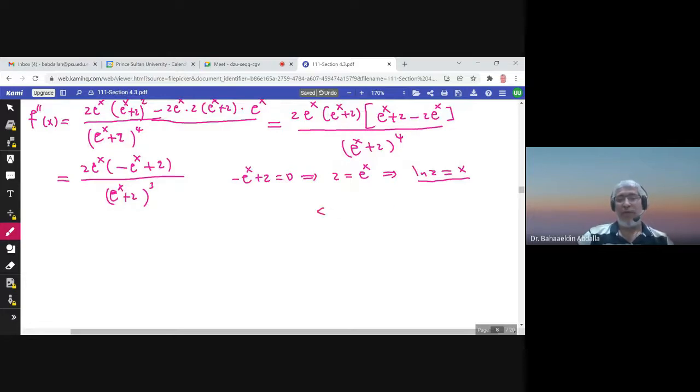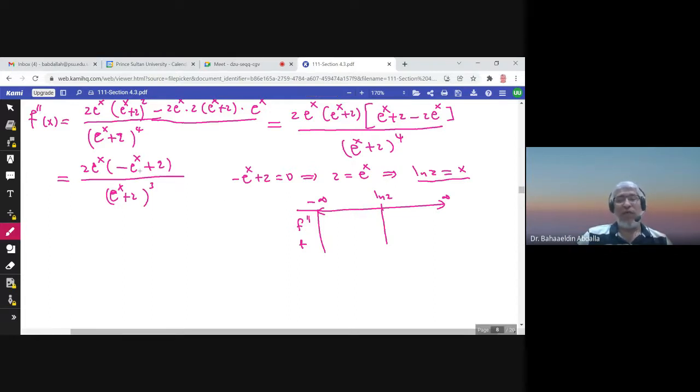Let us make the table here. So there is only one 0 of f double prime. If I choose a number greater than ln 2, well, you can find ln 2 by the calculator. It's a small number, about 0.7. So if you choose 1 or any number greater than ln 2, or less than ln 2, for example, 0.